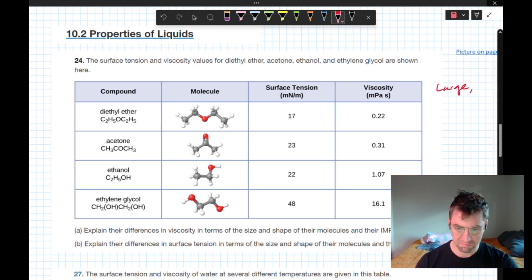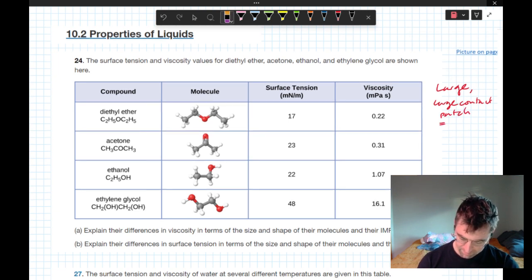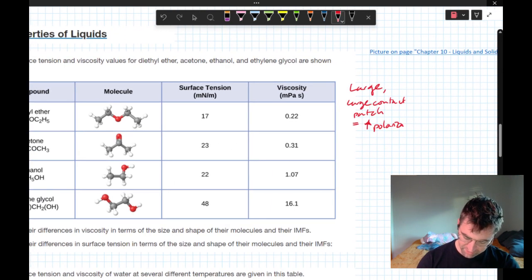Large molecules, large contact patch, relates to increased polarizability. Scroll, please.